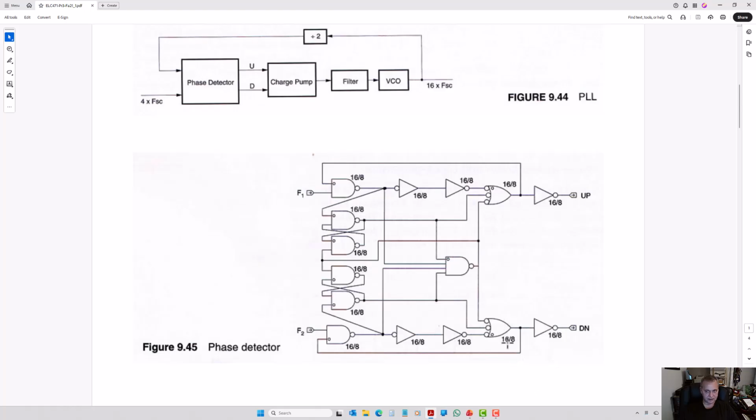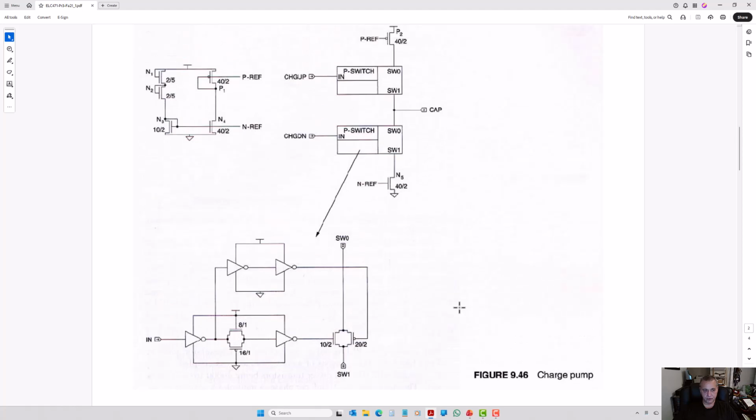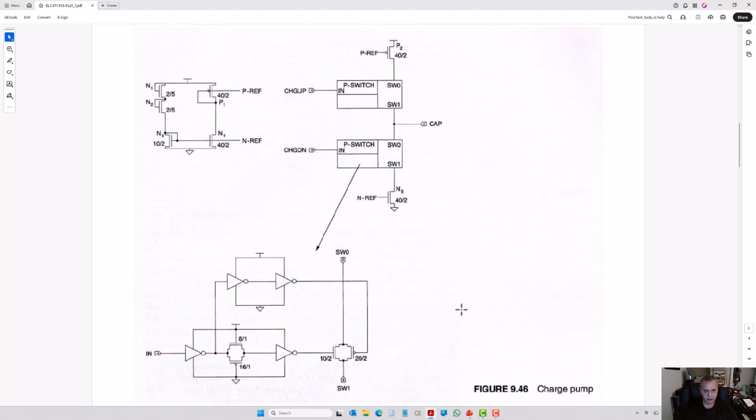Very simple test. Okay. For the switch of the charge pump, you're going to be applying pulses. Put some capacitor here, and you're going to be applying pulses on the up or on the down, and then you should see the current charging the capacitor or discharging it, and the voltage here should be a ramp, up or down ramp, and that's how you know that it works.